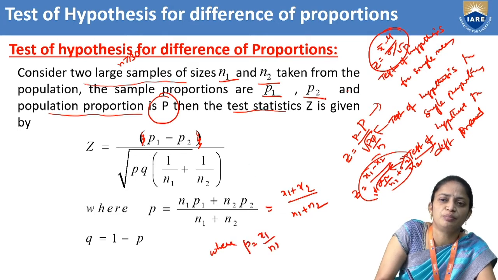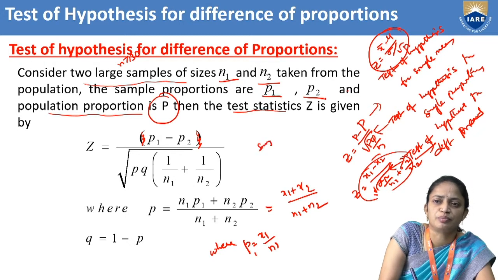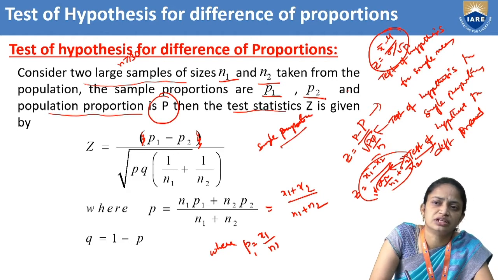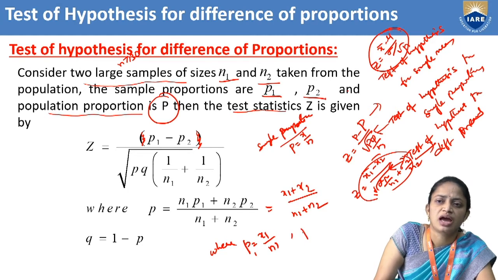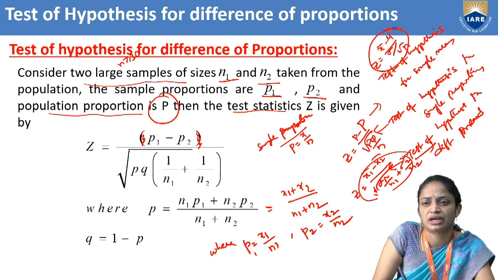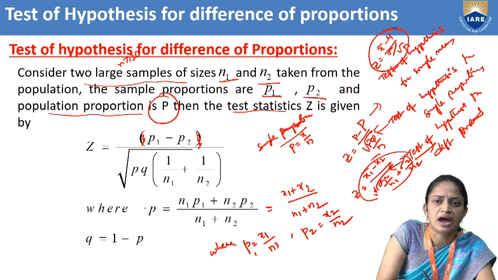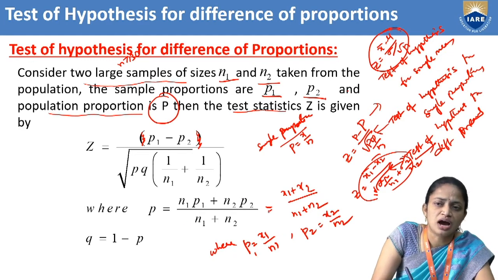We already discussed in the single proportion in the previous session that the sample proportion is small p equal to x by n. Like that, p1 equal to x1 by n1 and p2 equal to x2 by n2, and small p equal to n1 p1 plus n2 p2 by n1 plus n2, or that is equal to x1 plus x2 by n1 plus n2.